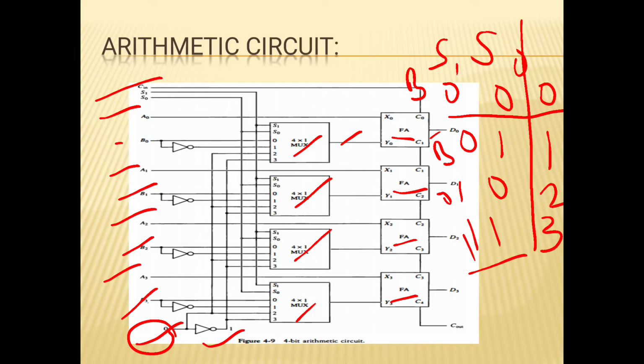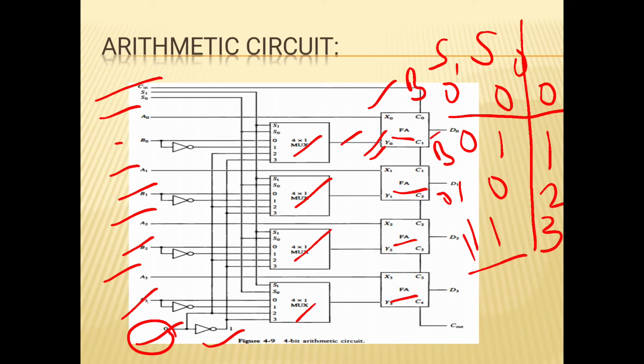Now, the full adder is connected with two inputs and one carry, and produces one output and a carry bit. The full adder takes inputs x0 and y0. x0 is directly connected with the A bits, that is A0, A1, A2 and A3, and the second input y0 is produced by the output of the multiplexer.